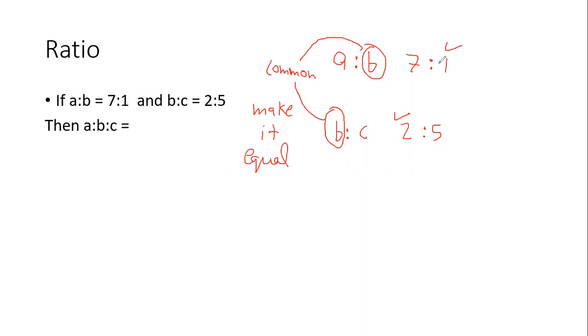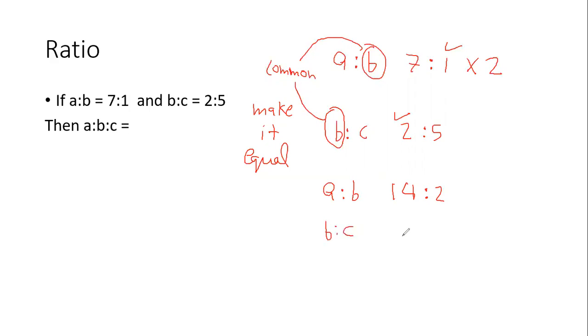Now in the first part, I see the value of B is 1. In the second part, I see the value of B is 2. So how can I make it equal? I will simply multiply the first ratio with 2. So now, the first equation will become 14:2. I have multiplied the first equation with 2.